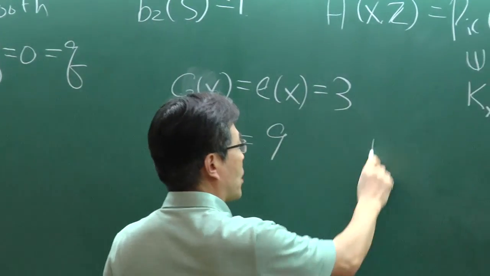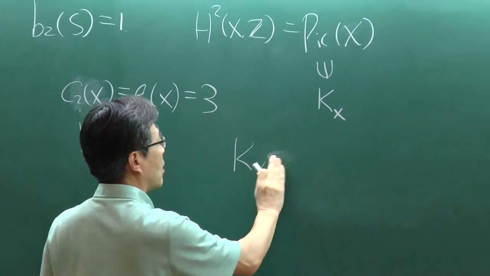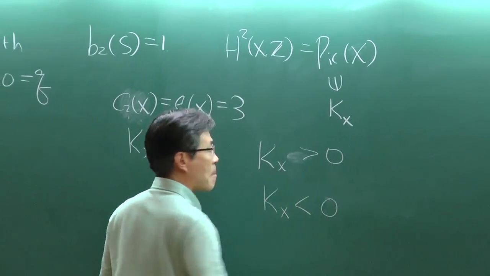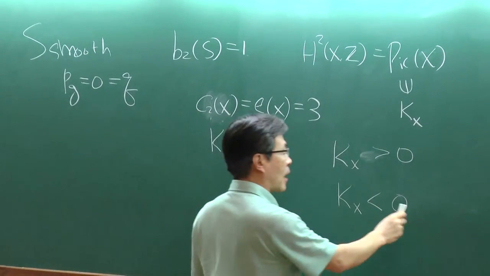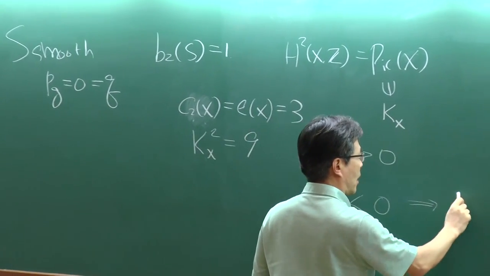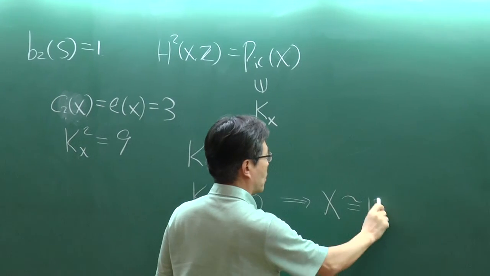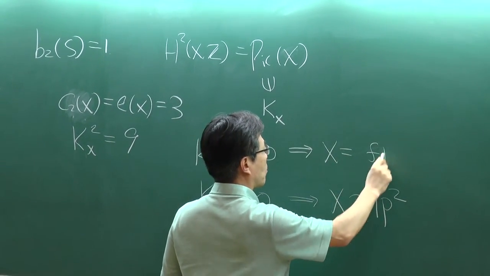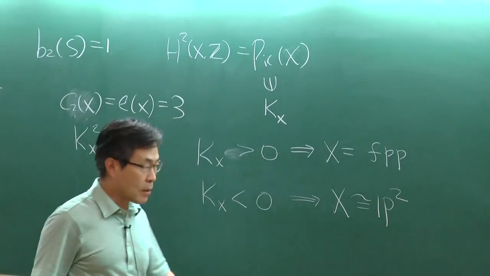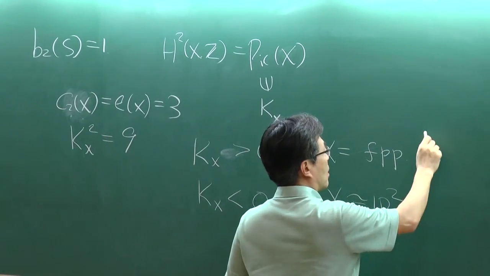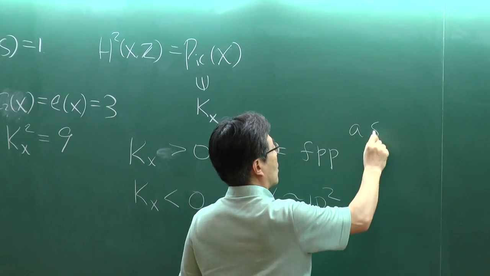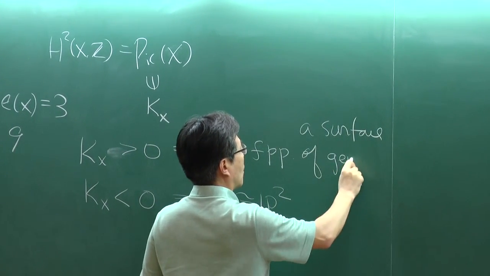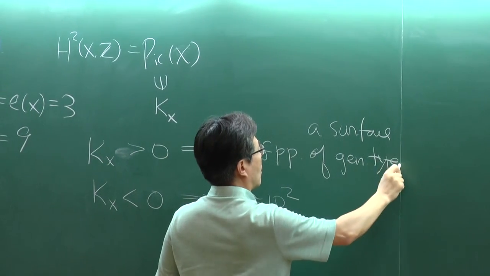So we have two choices: K_X is ample or K_X is negative ample. Yeah, K_X negative ample means X is P2, and in this case, X is a fake projective plane. It's a surface of general type.